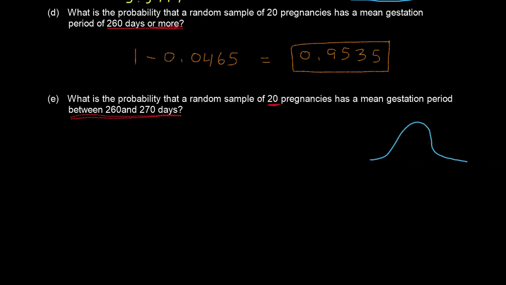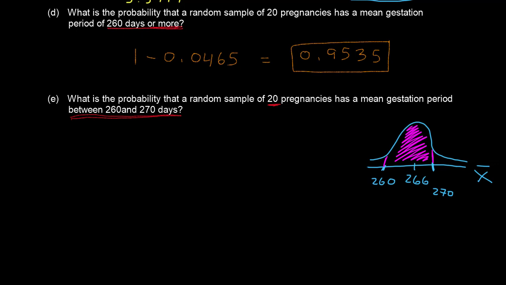And so I'm going to draw a normal curve over here, label it X bar. We know the center is still 266, and we want to find the probability between 260 and 270 days. So this is a region in the middle here, right? An in-betweener. So I'm going to shade this in-between zone. That is the region we want to find.